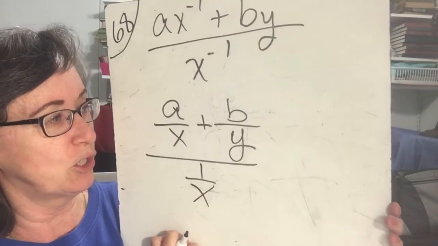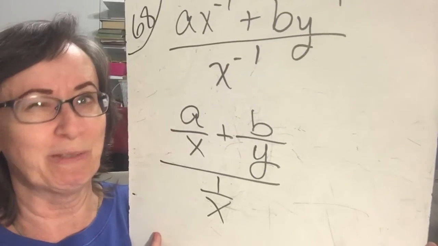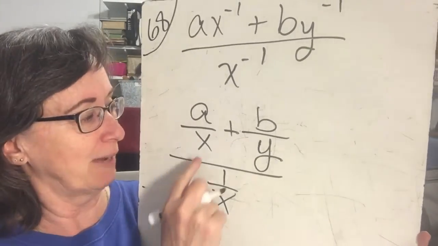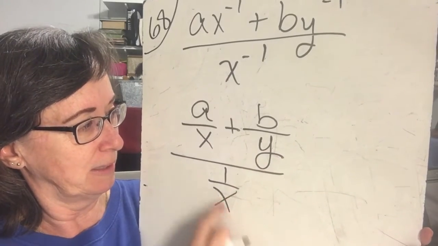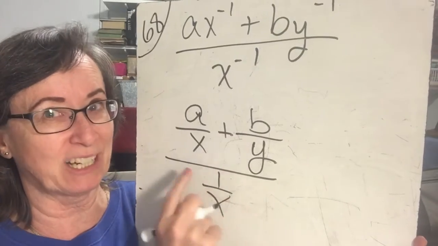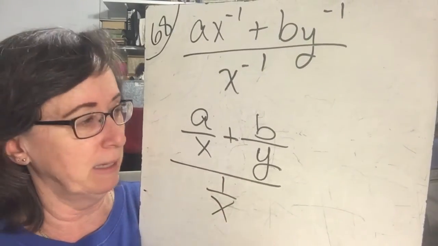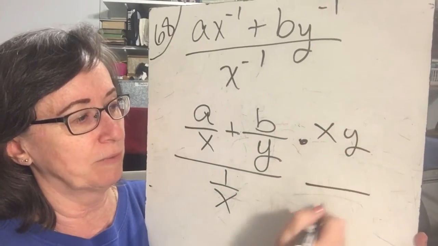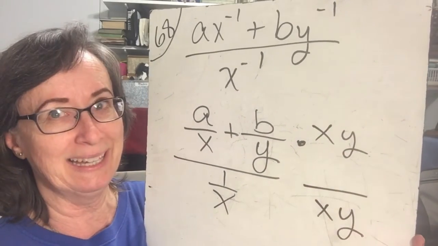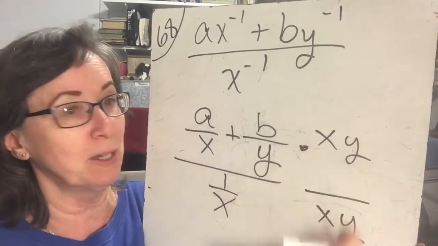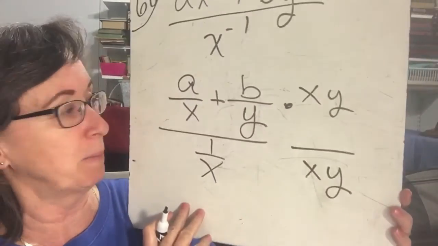Okay, so if I were going to do it a really, really quick way, could I look and say, oh, I have a denominator x, y, x, the common denominator. If we're going to get a common denominator, it would be xy. If we multiplied by xy over xy, using the least common denominator method, what would we get? We're still multiplying by the same thing on the top and the bottom.